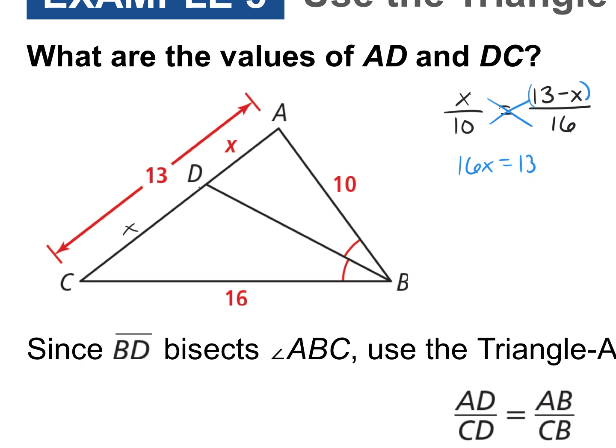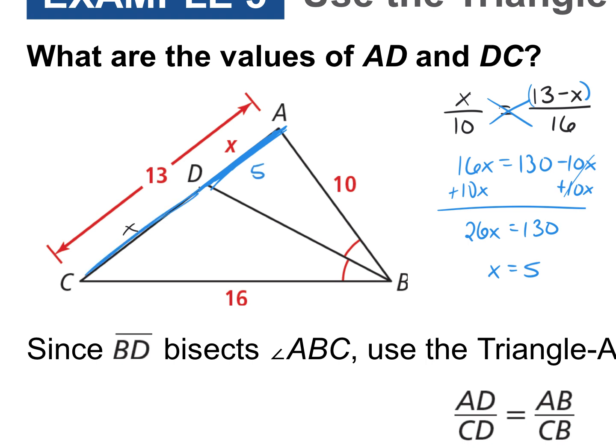Yep, so I get 130 minus 10x. Someone help me out. What's 130 divided by 26? X equals 5. So what would the length of AD be? 5. What would the length of this be? 7. I would get 13 minus 5 to get 8.